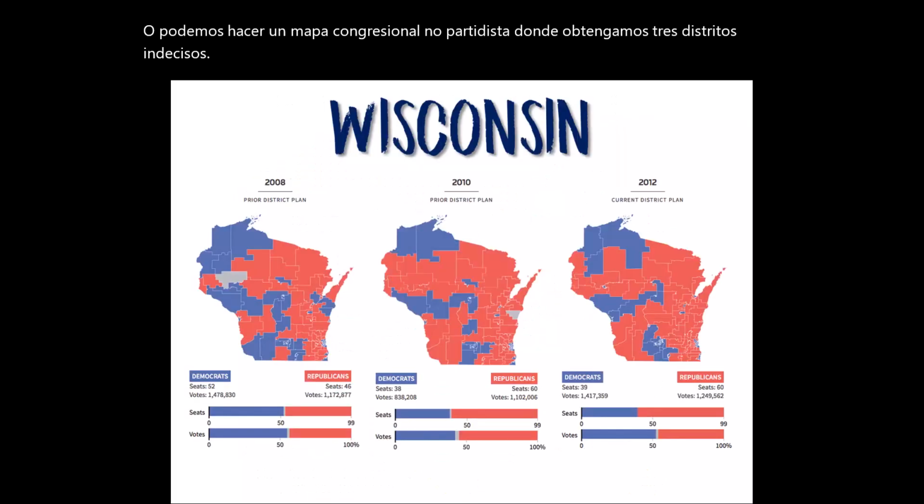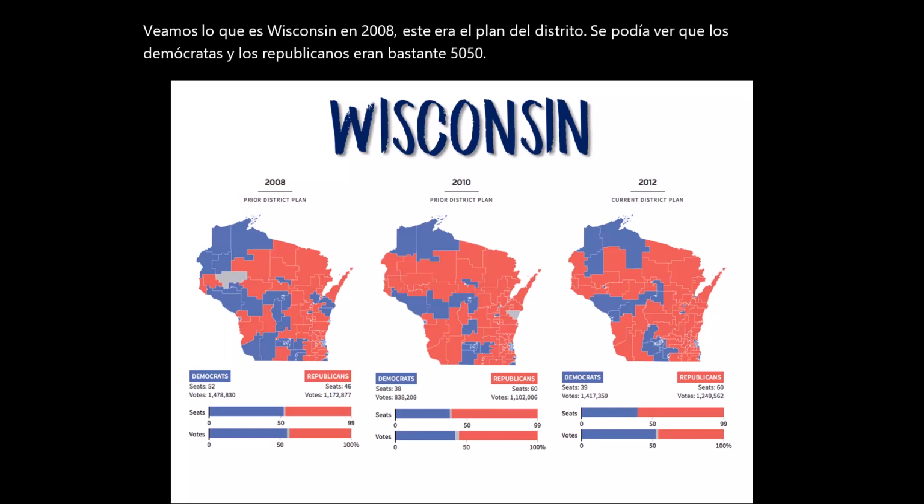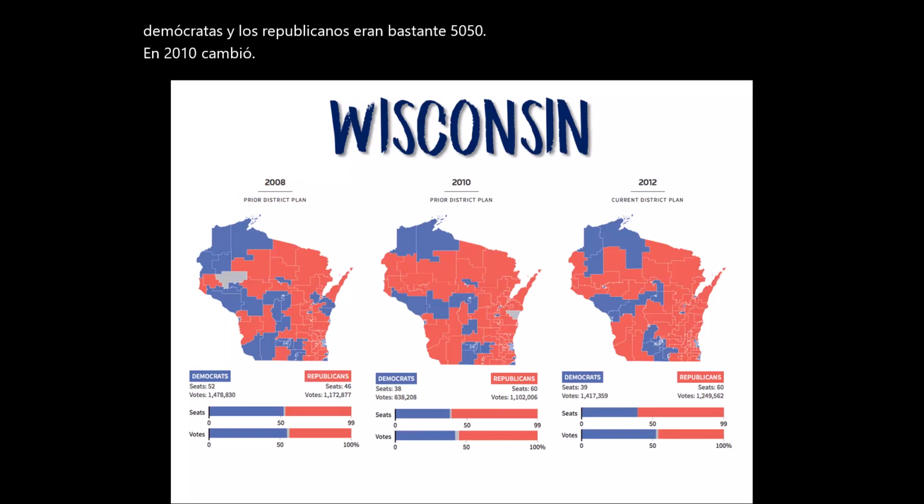Let's look at Wisconsin. In 2008, this was the district plan. You could see Democrats and Republicans were pretty 50-50. In 2010, it changed to give Republicans more power. They went from 46 seats to 60 seats.